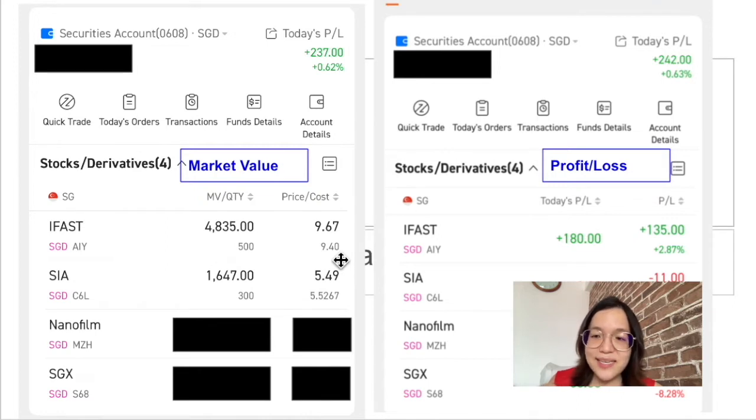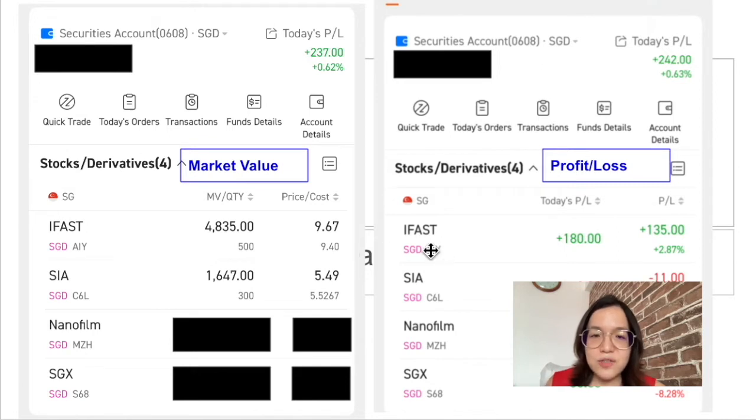So if let's say you buy at 940 and then I bought another 100 units at maybe $9, then of course the average should be brought downwards. $9.67 is actually the price in the market, the current price. That means to say that I bought at 940, so it increased by 27 cents. So that's very simple. So in other words, I actually gained.